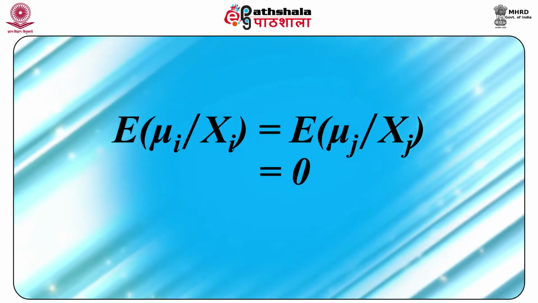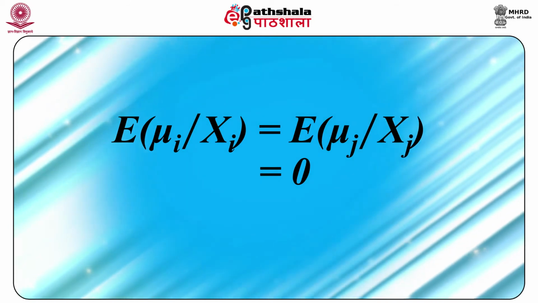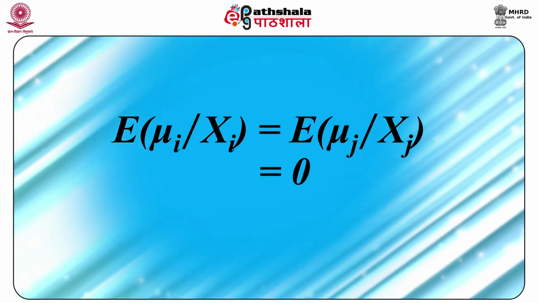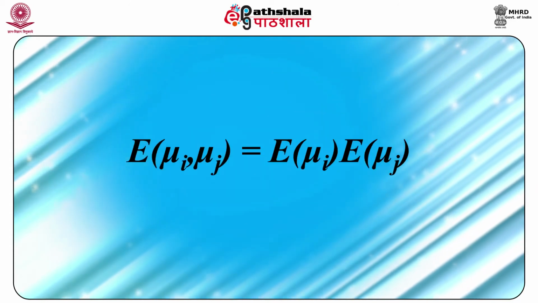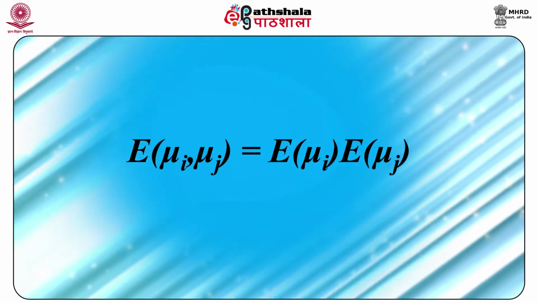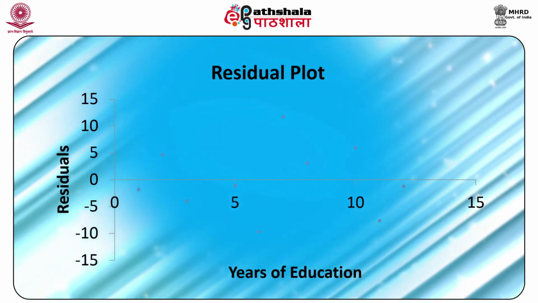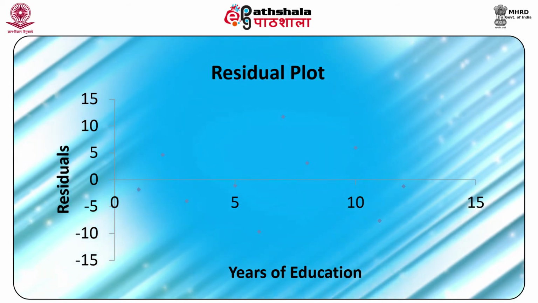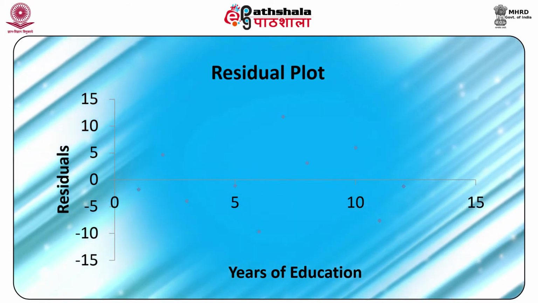This can be rewritten as expected value of mu i mu j, which is covariance, is equal to expected value of mu i into expected value of mu j, as the two, mu i and mu j, are independently distributed. The same is evident from figure 5 below, which is in continuation with our data of table 1.